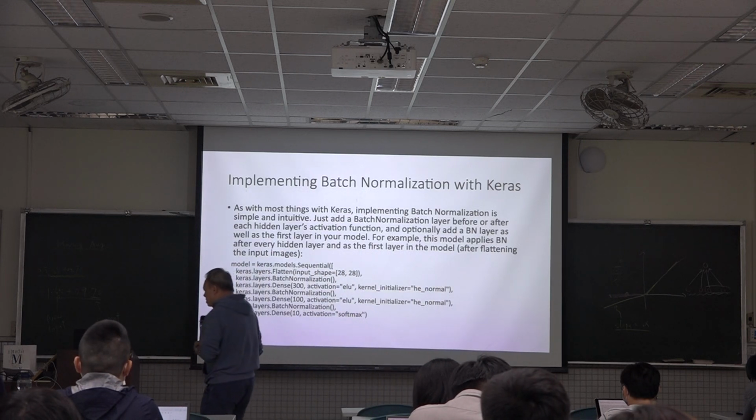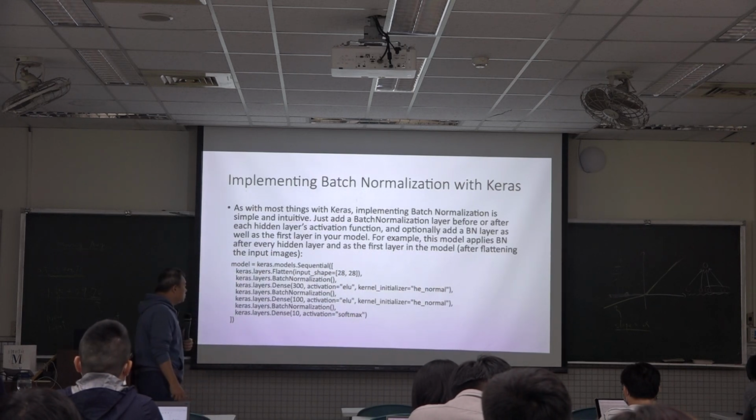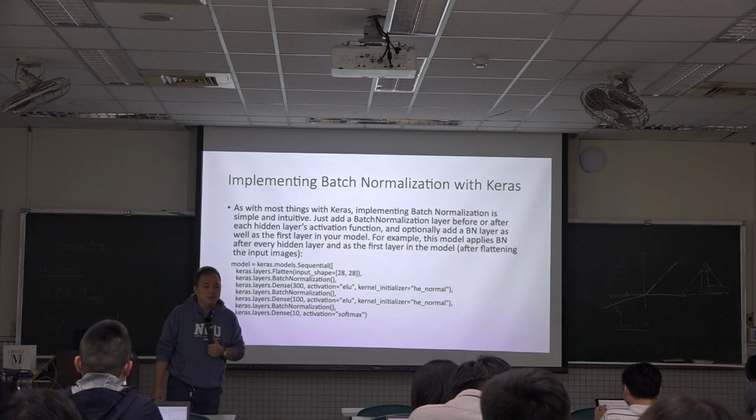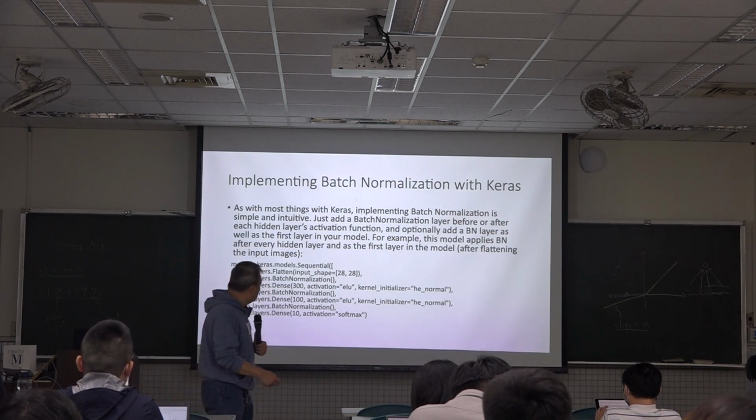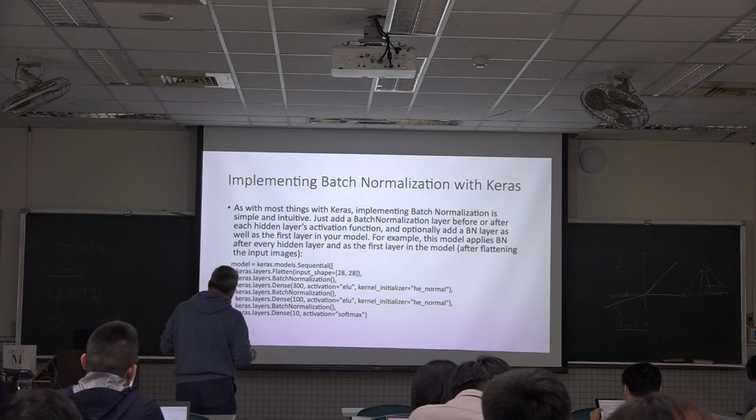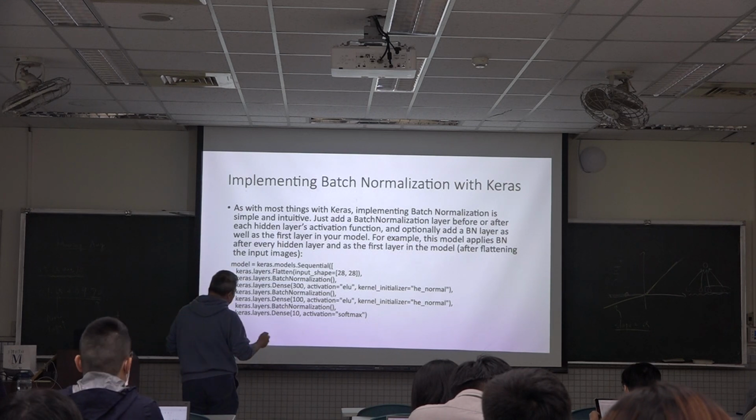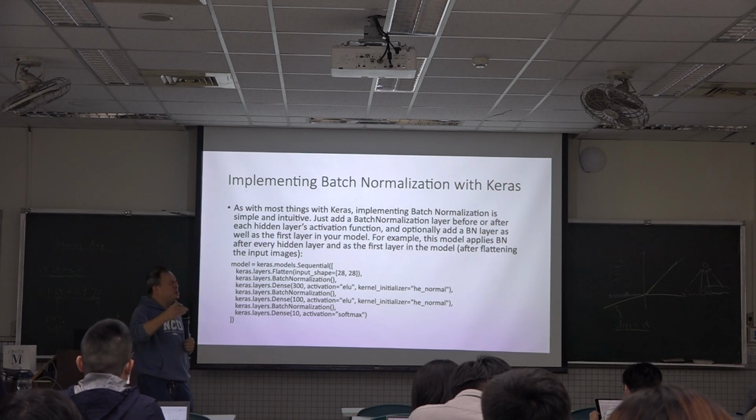If you use PyTorch, it's going to be something similar. Very easy. Of course, the paper says you should apply batch normalization just before the activation function.